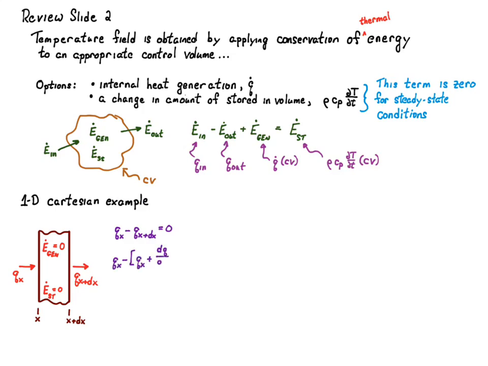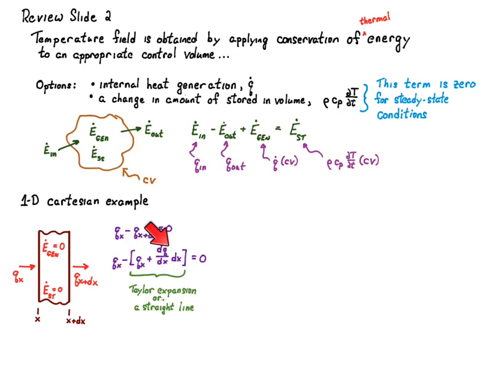Now, the Qx plus dx term, we've looked at it in class, and it's essentially a Taylor expansion, or think of it as just a straight line, which is the case here. The difference in the energy rate term is going to be what it was at x plus essentially the slope of the functionality of q as a function of x times dx.